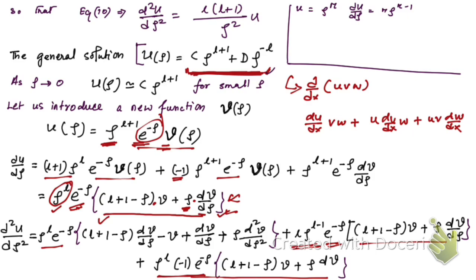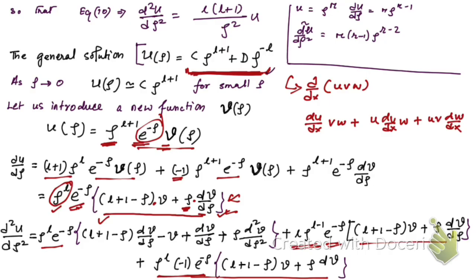And if you differentiate it again, then what you gonna get? If you take the second order derivative here, then you will get r into r minus 1 rho to the power r minus 2. That's what you're gonna have, right?